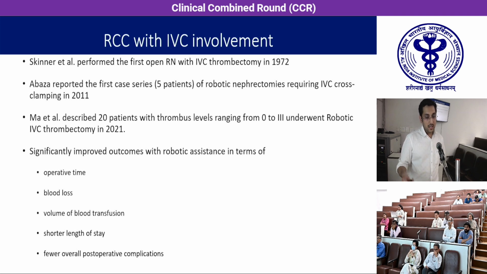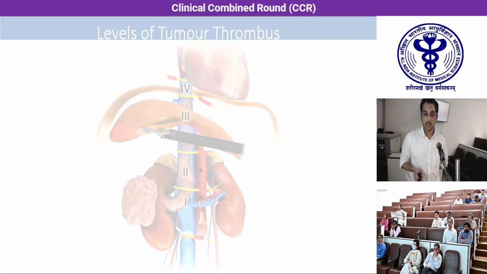Subsequently, there are many other case series, the largest of which is by Ma et al., who described 20 patients with the level of thrombus ranging from 0 to 3 in 2021. The case series consistently report significantly improved outcomes in terms of operative time, blood loss, reduced volume of blood transfusion, shorter length of stay, and fewer overall postoperative complications.